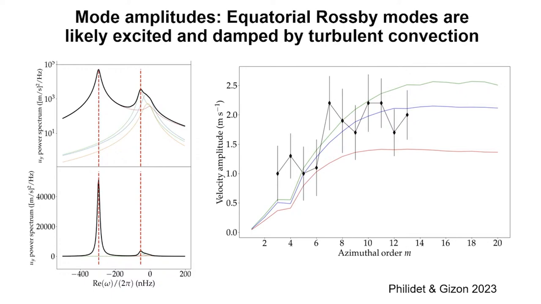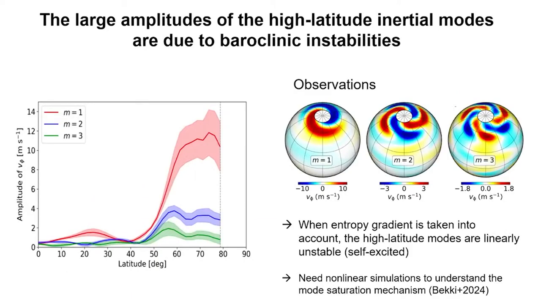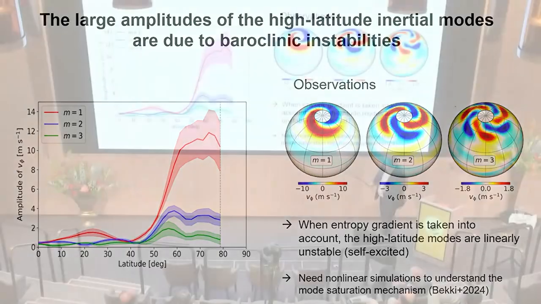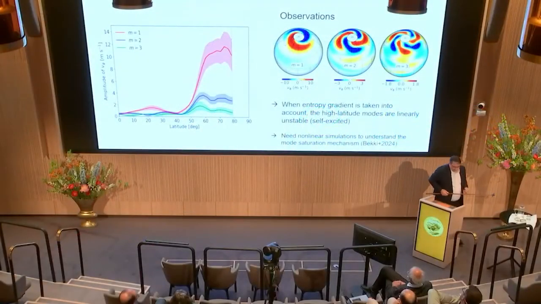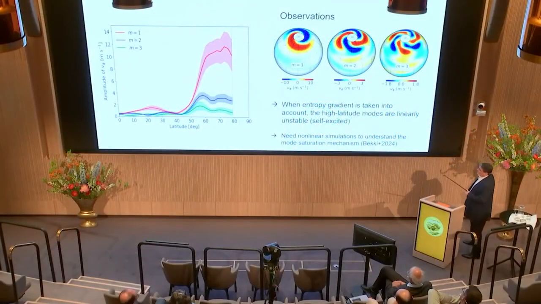And for most of these modes, the explanation is likely that turbulent convection is exciting them in a similar way as P modes are excited by turbulent convection near the surface. Now, how do we explain this large amplitude for this m equals 1 high latitude mode, which is above 10 meters per second, sometimes even above 15 meters per second, depending on when exactly we look in the data?